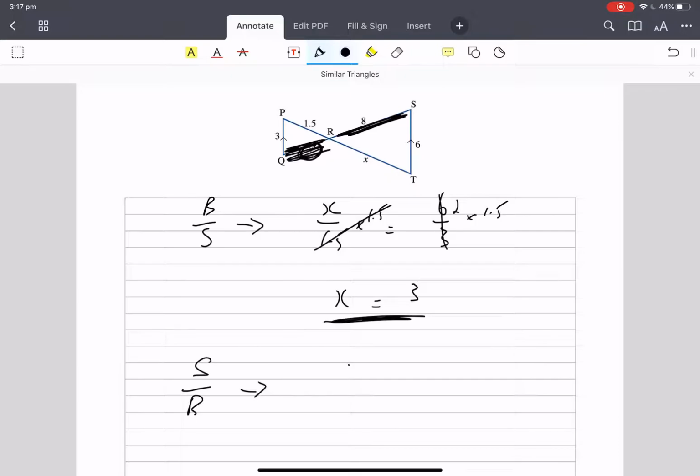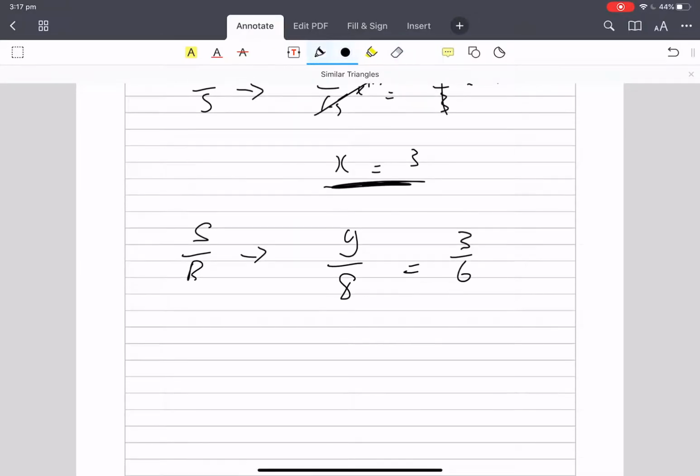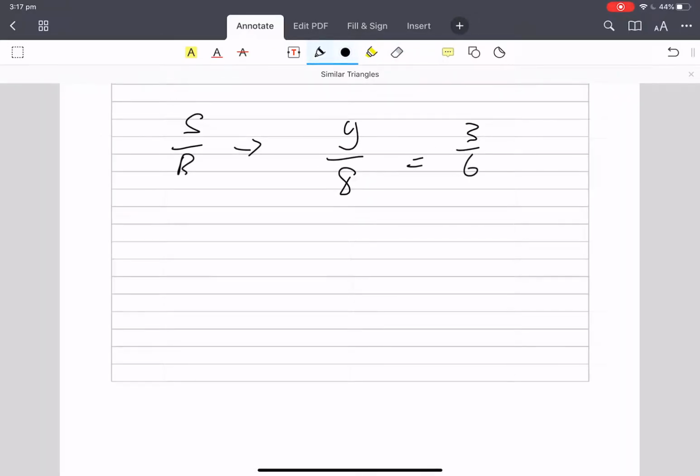So that's going to be y on 8 equals small on big. And a single step equation. So the equations aren't the hard bit, are they? That goes to 2, so y is 4.